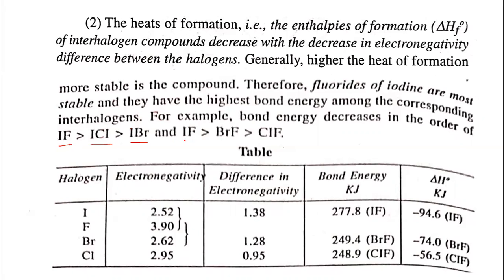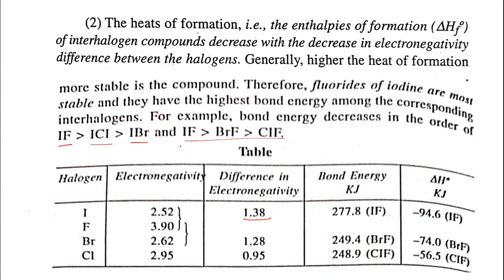Let us see another example: IF, BrF and ClF. In the case of IF, the electronegativity difference is larger between iodine and fluorine. You can see in this table the electronegativity of iodine, fluorine, bromine and chlorine is mentioned. The electronegativity of iodine is 2.52 and of fluorine 3.90. So in the case of IF, the electronegativity difference is 1.38.